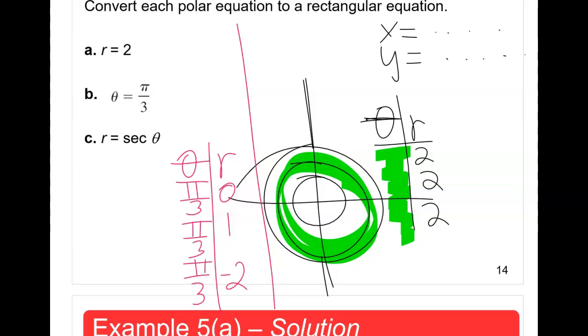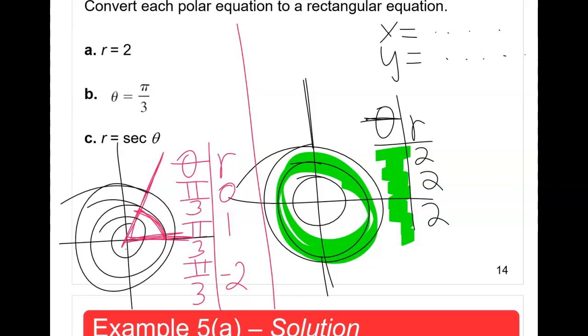It doesn't really matter. So in that case, what we're going to focus on is the angle pi over 3, which is like 60 degrees. And at that point, it doesn't matter what the radius is. We're always going to have those points at every single radius. And remember, they don't have to be integers. They could be any number.